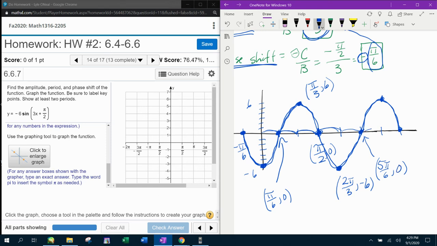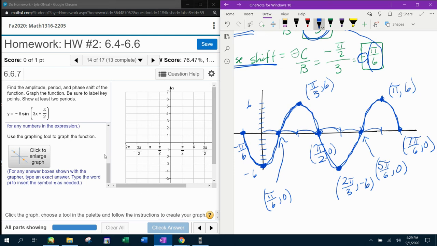And then the next one is going to be at 6 pi over 6. 6/6 is a whole. So at pi, I would expect to be up at 6. And then another sixth would be 7 pi over 6, and I'm going to be back on the x-axis. So we can actually label any of these ordered pairs if we know how to count by sixths and if you know how to reduce fractions.